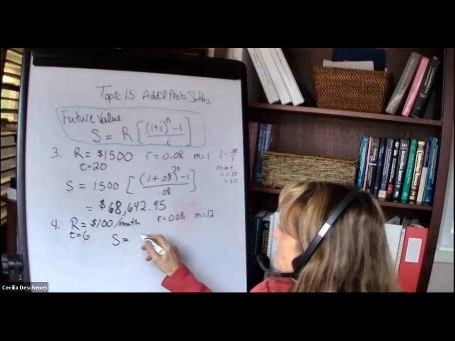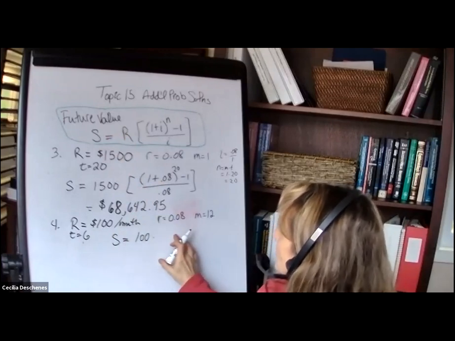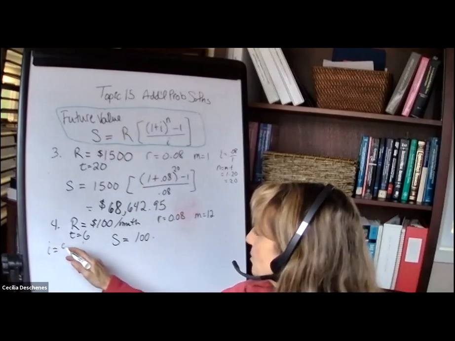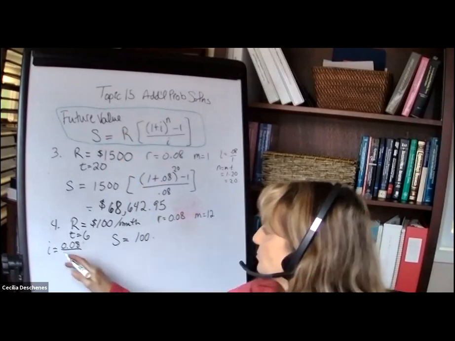So that amount is 100 times, we're going to need to calculate the I's and N's here. So let's do that over here. I is the 0.08 divided by 12.